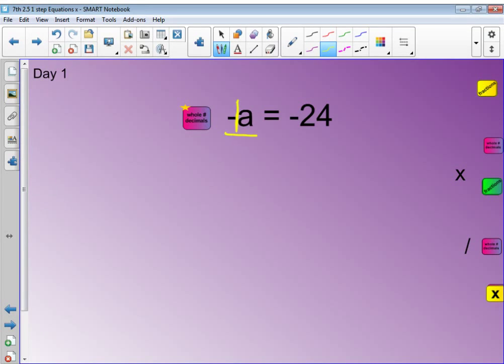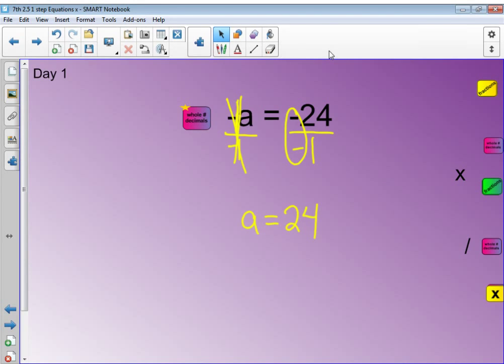I'm going to divide by negative 1, cancels out, divide by negative 1. These two become a positive, so I just found out that a equals positive 21. Key thing to remember, you cannot leave it as a negative variable. You must get rid of the negative sign off of that letter.